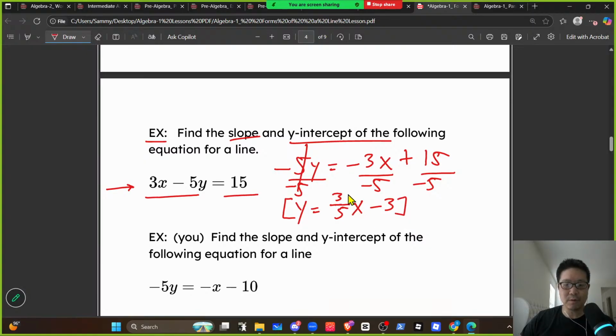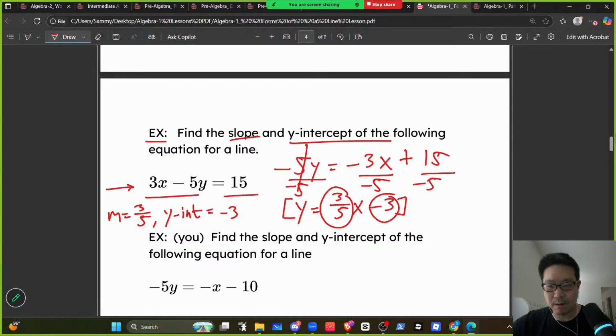And what is the slope? 3/5. Yeah, slope is 3/5, and the y-intercept? Negative 3, good. So in the answer, I would write m equals 3/5, slope equals 3/5, and y-intercept equals -3. Good. All right, your turn.